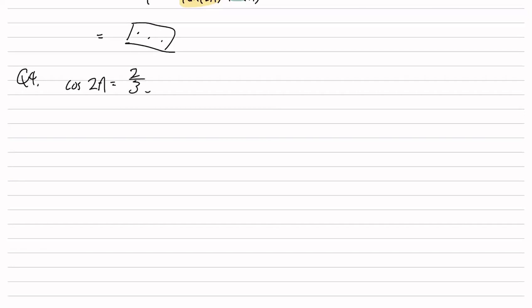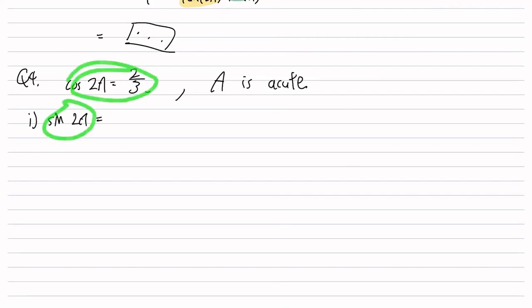So again, we start you off with a double angle. They tell you A is acute. So you know sine, cosine, tangent of A will always be positive. What else? You want to find the value of sine 2A? Do you want to use double angle? No, because there's already 2A.